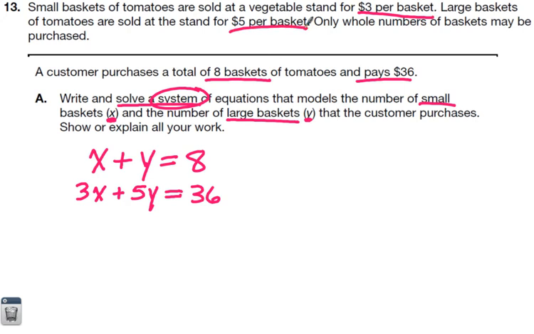So how does that end up being $36 total? Well, if it was $3 for every small basket and we bought x of them, it makes sense to multiply 3 and x together, just like it would make sense to multiply 5 and the y variable together to get total money and add all that up and equal 36.